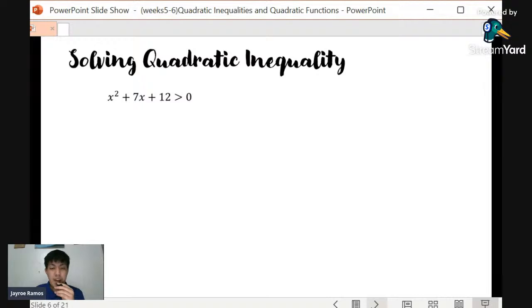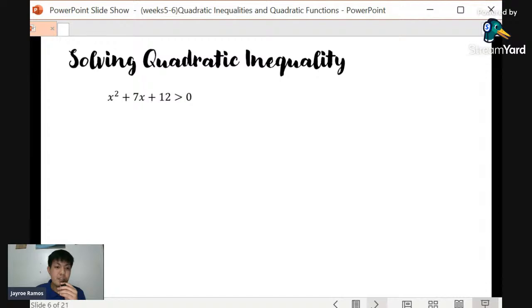Okay? Now, so our first example, we have here x squared plus 7x plus 12 is greater than 0. Ngayon, so we're going to analyze first the given inequality. Kung ano ba ang pwede nating gamitin na way on solving quadratic inequality. So if you still remember, meron tayong iba't ibang way kung paano mag-solve ng quadratic equation. So I'm just going to give a refresher, no?